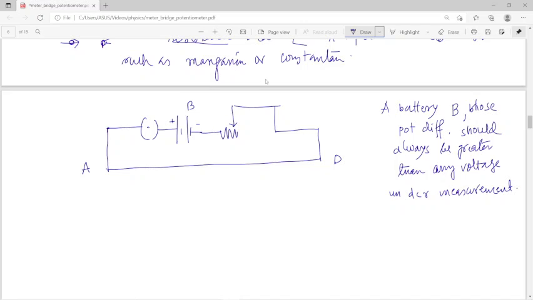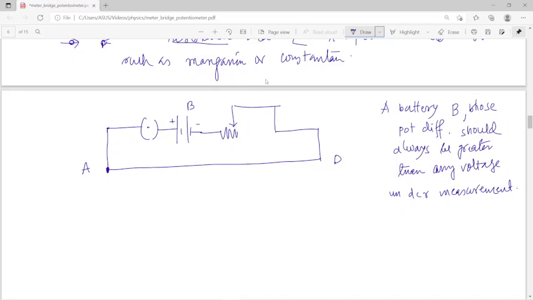That will maintain a steady current through the wire AD. As you know, the positive of the battery is connected to point A.